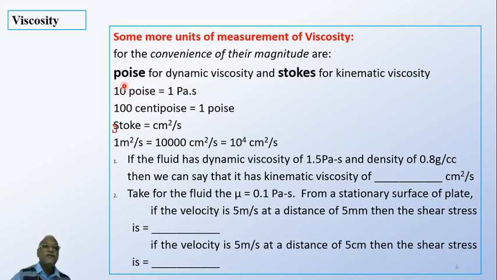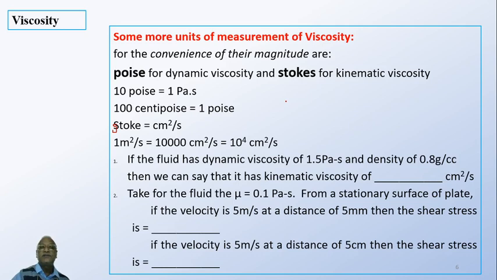If you want still smaller units, what is done is 1 poise is broken into 100. So 1/100th of a poise will be known as a centipoise. 100 centipoise is equal to 1 poise. I think it is better to remember it that way.